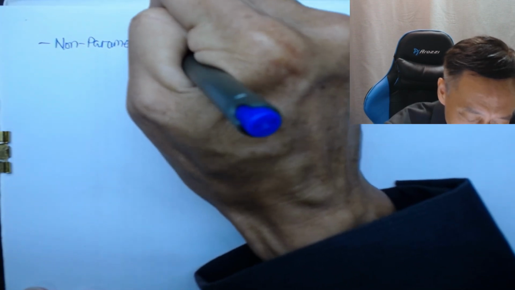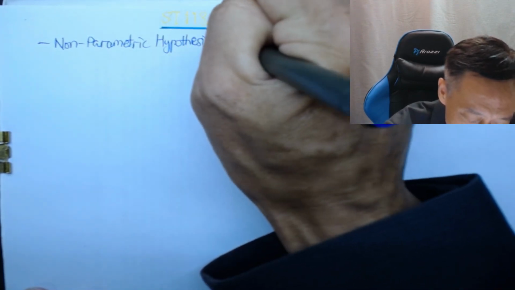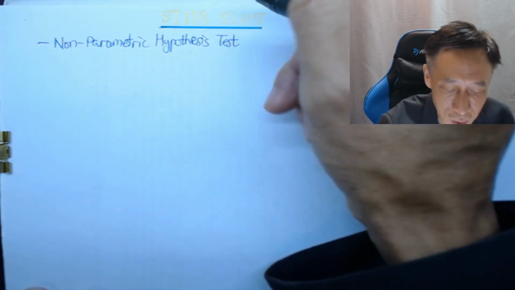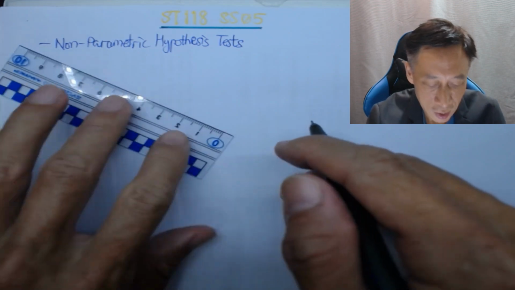Non-parametric hypothesis tests. This is a whole series of tests that have this non-parametric feature, or lack of assumptions, basically.